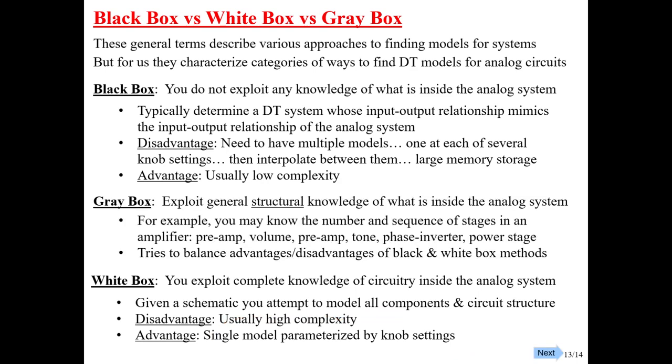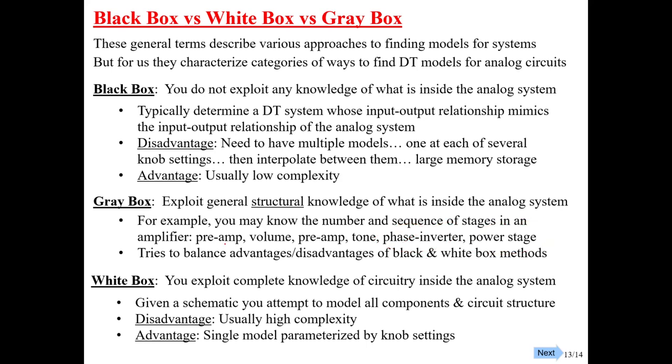Now, what's in the middle? Gray box. You might not know everything that is in the circuit. We might not have complete knowledge of the circuitry, but we've got some idea of what's in there. So we've got a structural knowledge. So we might know that for this particular amp, there's this many stages of gain, and we might know that that consists of a preamp, then a volume, then a preamp, then a tone, and then some other tube stages known as phase inverters and power stages.